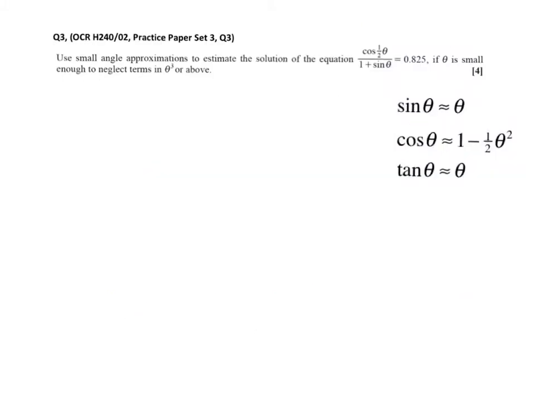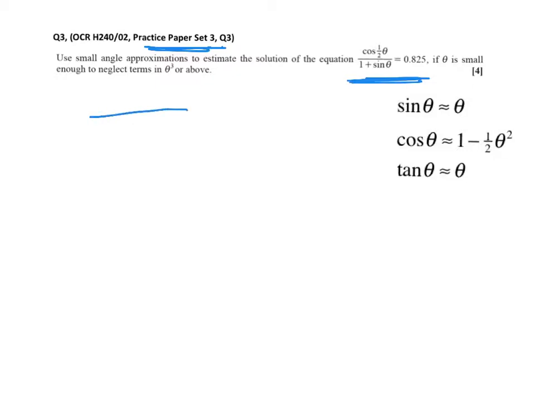Okay, here's the final example. It's a practice paper question from OCR that I found. I thought it was an interesting one to have a look at. So let's rewrite this equation here. So cos half theta, well, that's going to be at the top of the fraction.